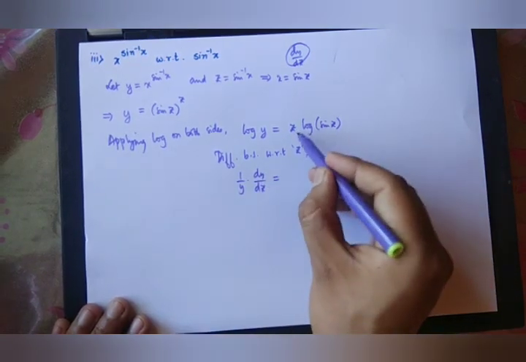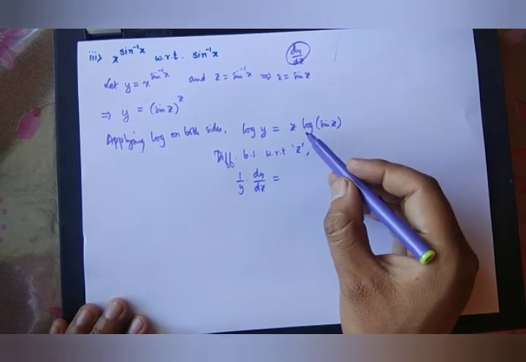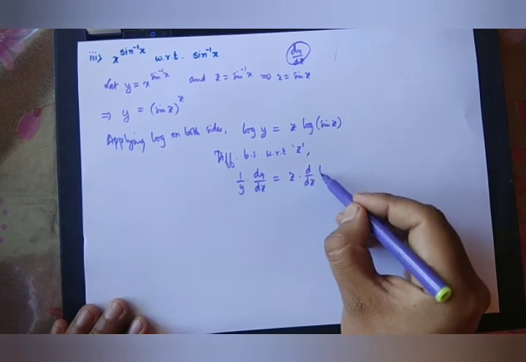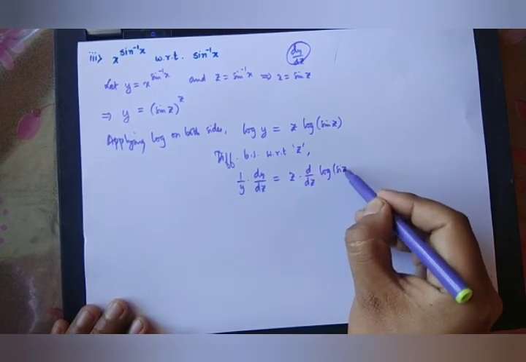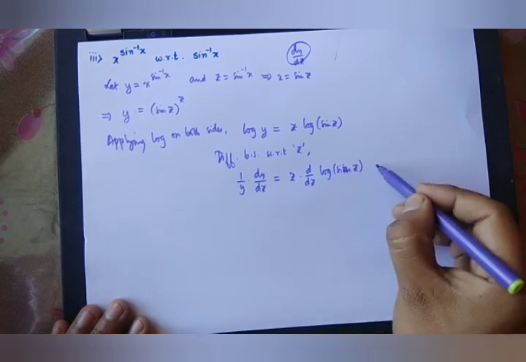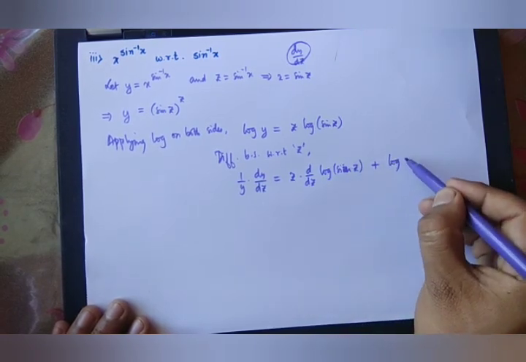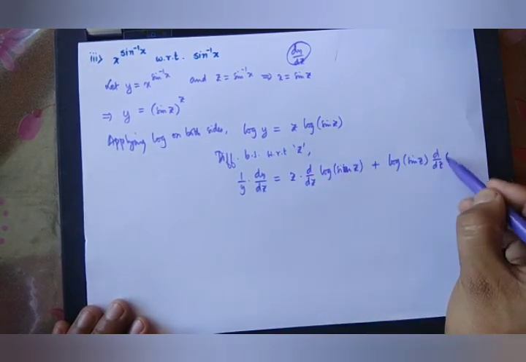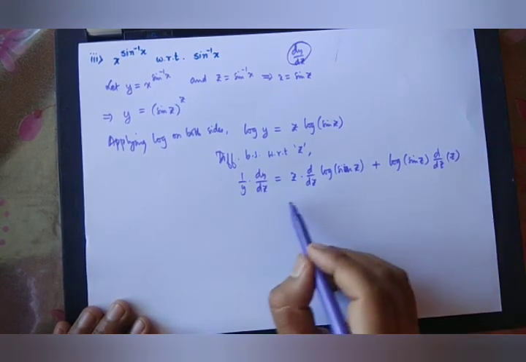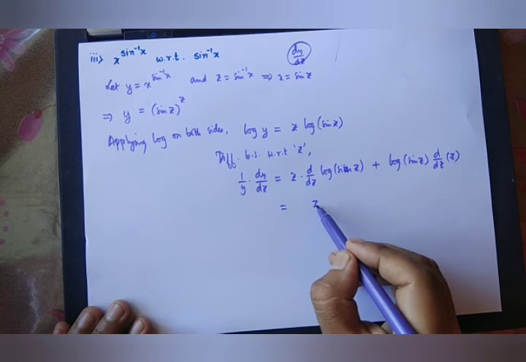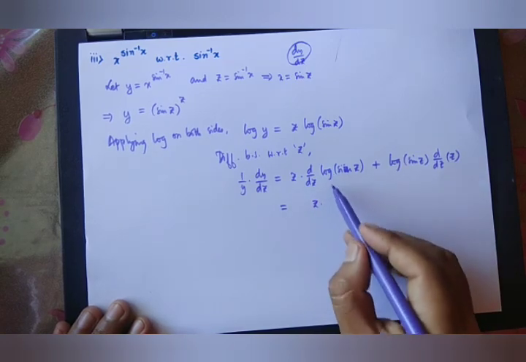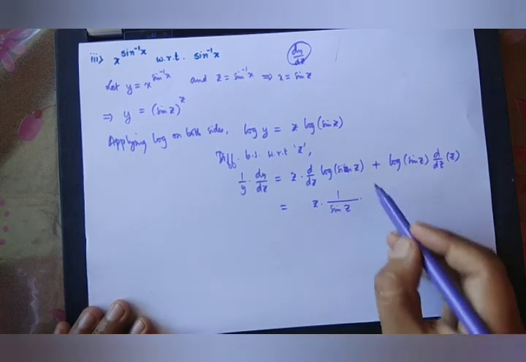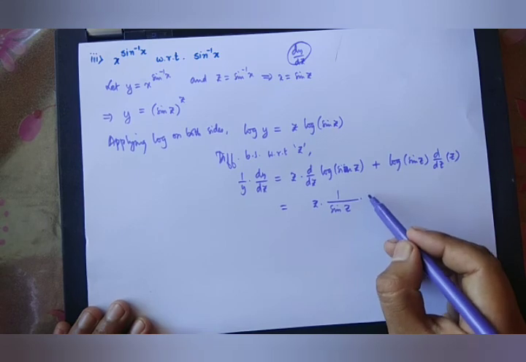The right side is in f into g format, so it is z into the derivative of log of sine z, plus log of sine z into the derivative of the other function, z. So we have z into 1 by sine z, since the differentiation of log x is 1 by x, and into the differentiation of sine, which is cos z.